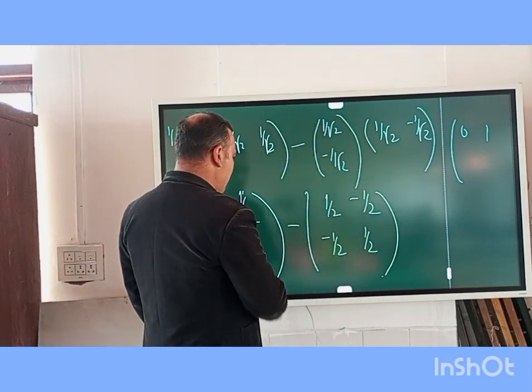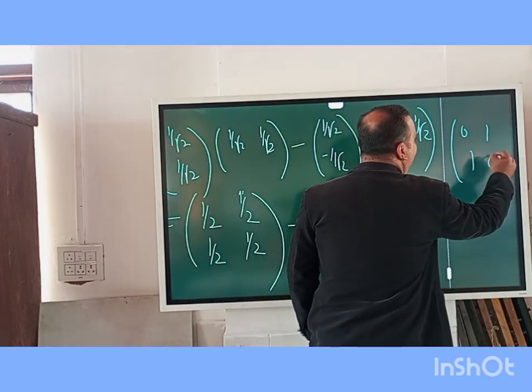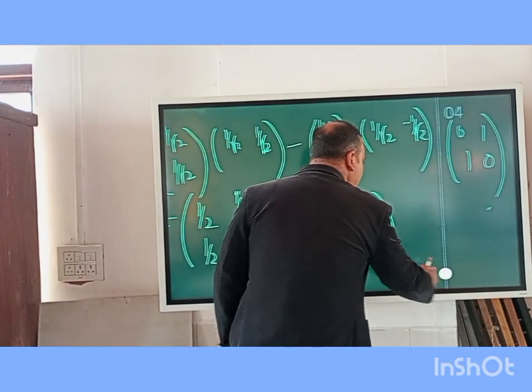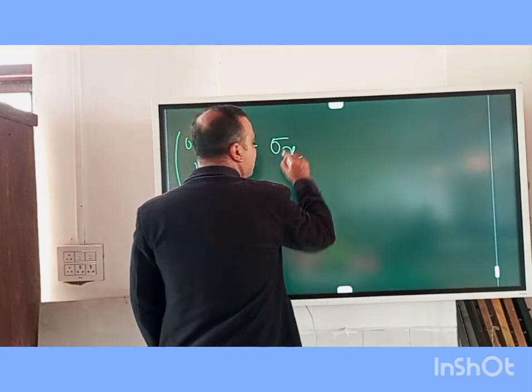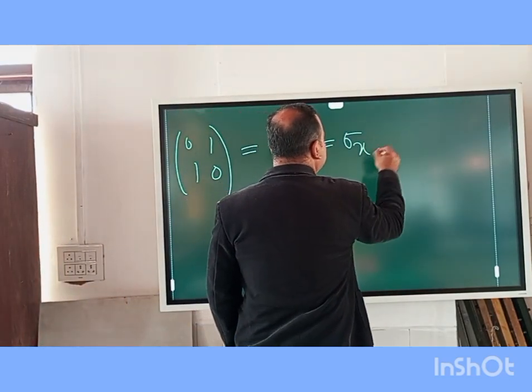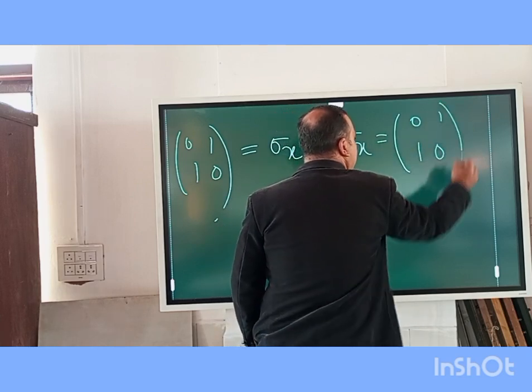Then you have 1 again, and then 0. So this is called sigma x. Sigma x is 0, 1, 1, 0.